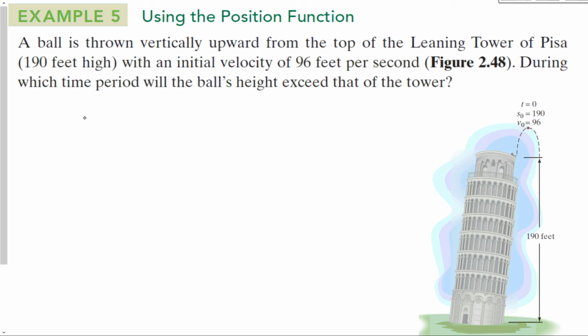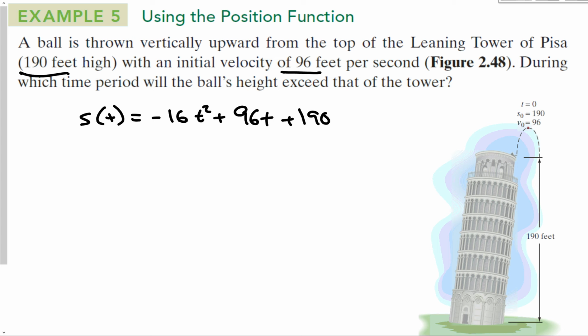So s of t for my original function is going to be negative 16t squared plus, well, initial velocity, so that's 96t, plus initial height, 190. Okay, so I want to know when this function is going to be greater than the height of the tower.